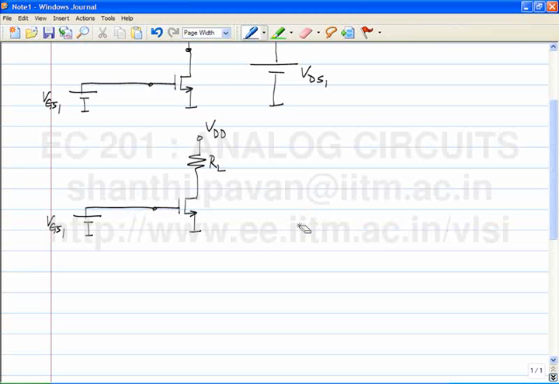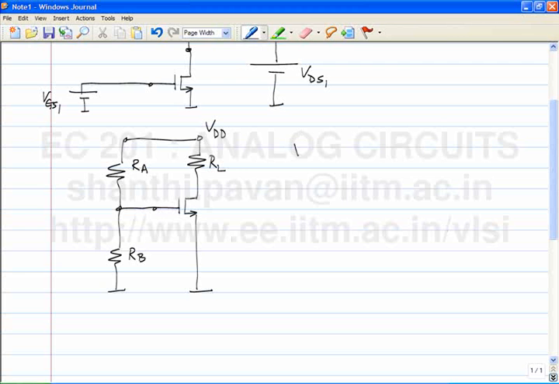All right. Then what did we say? To bias it deep in saturation, which basically means that VDD is going to be much larger than VGS, it doesn't make sense to have another separate VGS battery. One could actually derive VGS from VDD itself, and the simplest way would be to use a potential divider, which looks like the following.